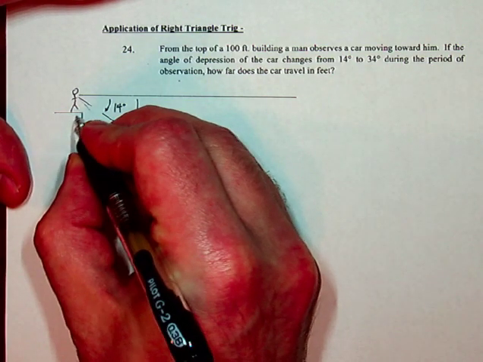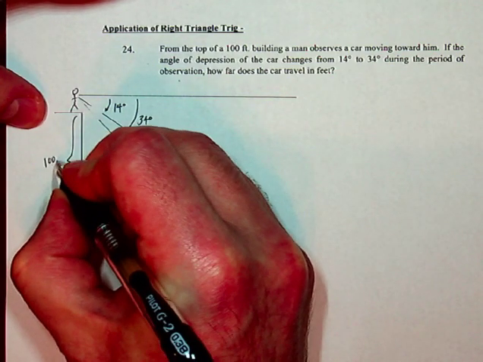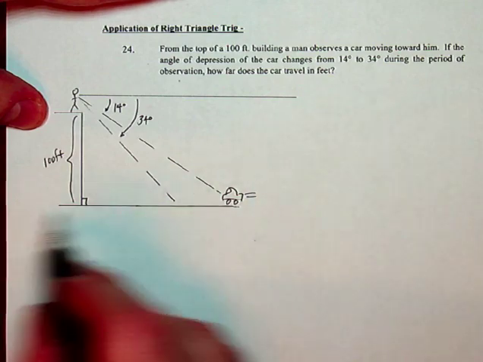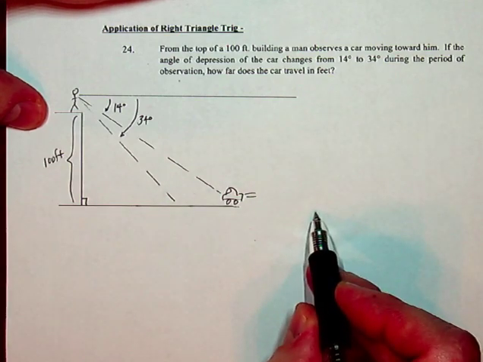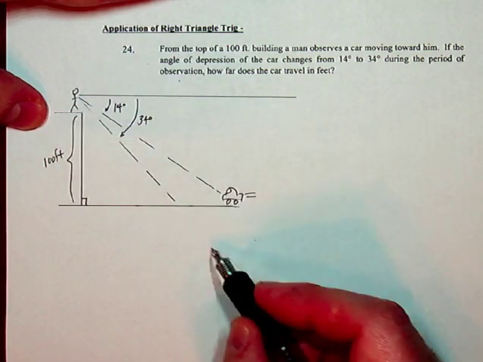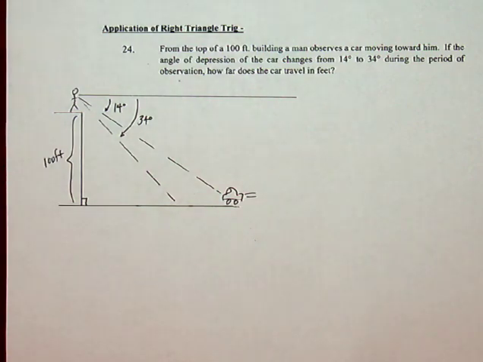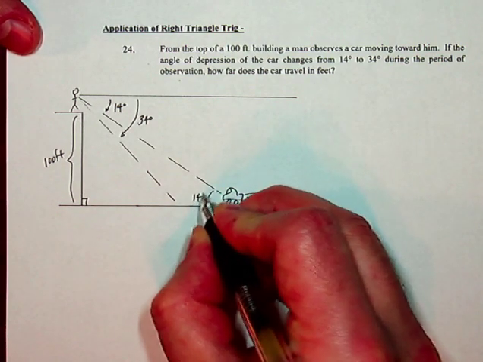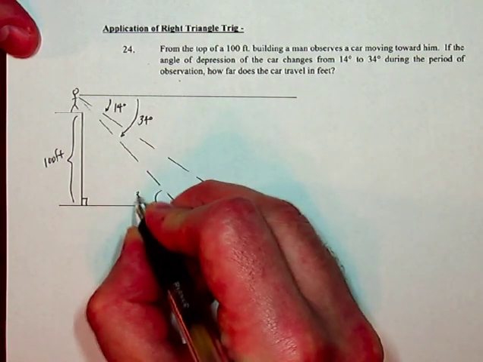Well, I'm pretty sure you know a little bit of geometry, okay? Now, this right here, as it says, is 100 feet. This right here and this right here are parallel lines, and both of those lines, which represent line of sight, are transversals that cut those parallel lines. So these are alternate interior angles, okay?